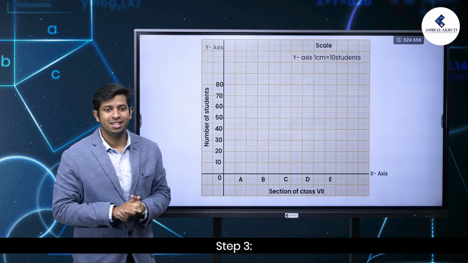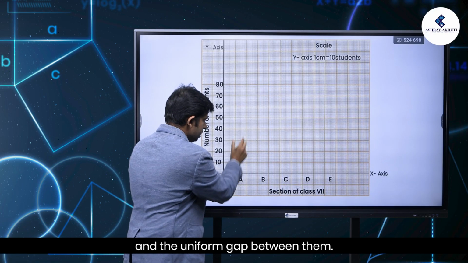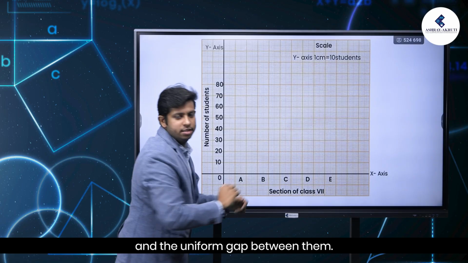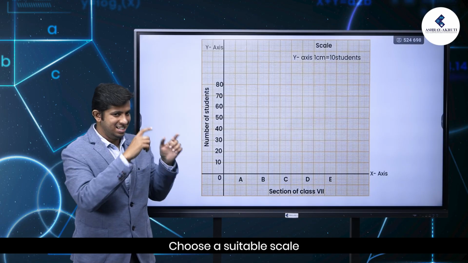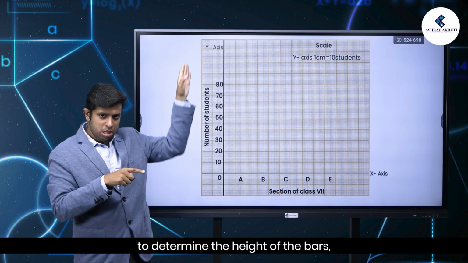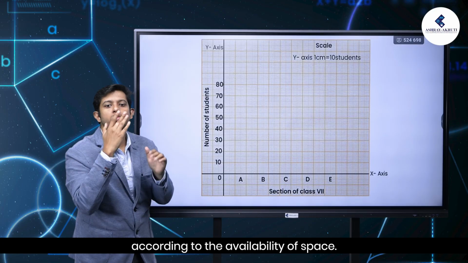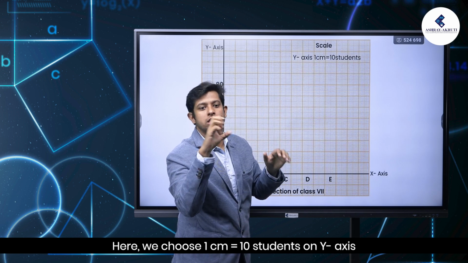Step 3. Along x-axis, choose the uniform width of the bars and the uniform gap between them. Step 4. Choose a suitable scale to determine the height of the bars according to the availability of space. Here we choose 1 centimeter equals 10 students on y-axis.